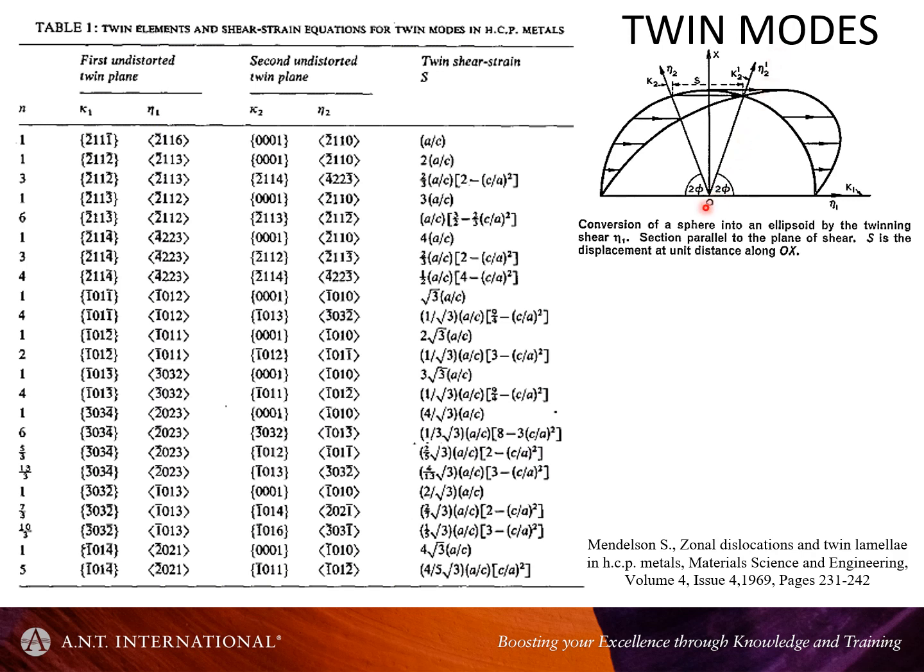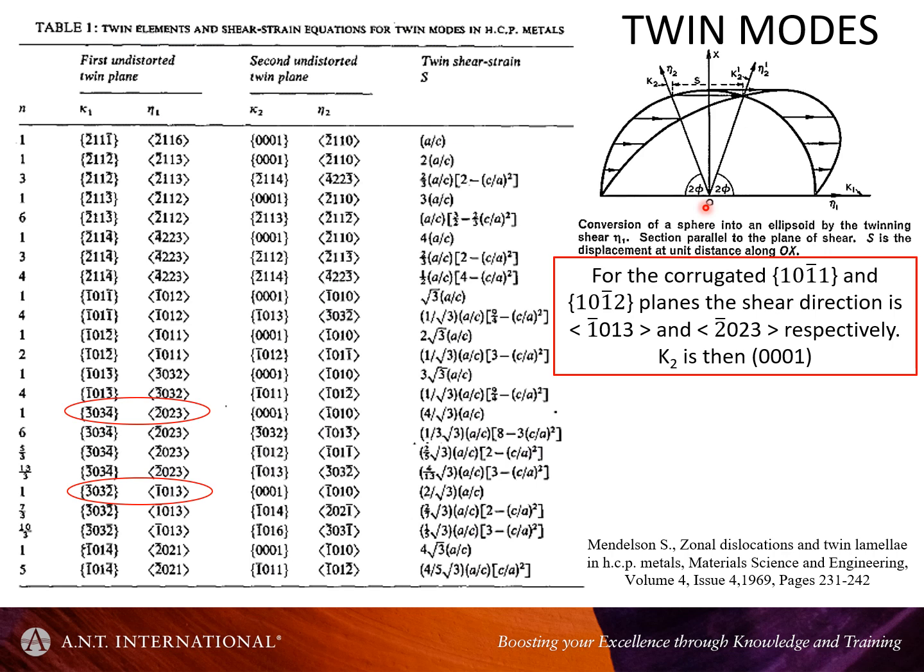And what I found when I use my ball models is that the second undistorted plane for a 1/1/2 or a 1/1/1 shear is the basal plane.